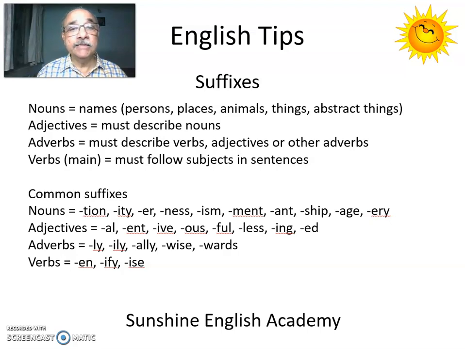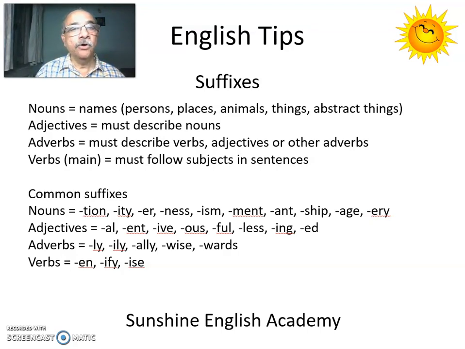Adjectives are words that describe nouns. Adverbs are words that describe verbs, adjectives, or other adverbs. And verbs are the words that follow the subjects in the sentence. They show action.